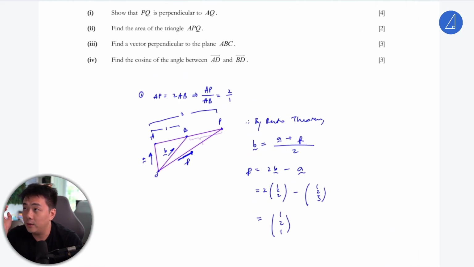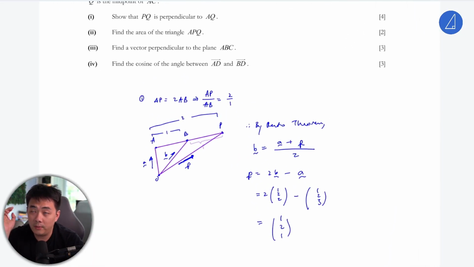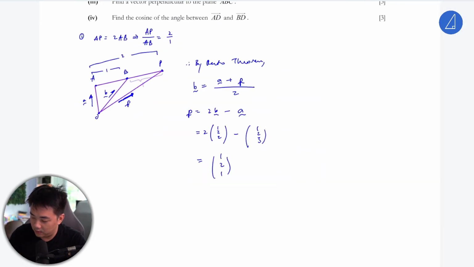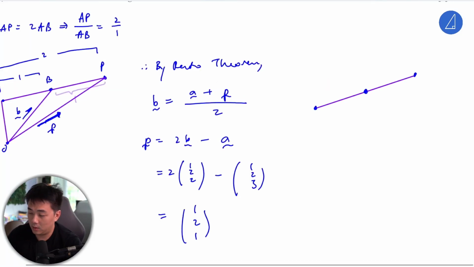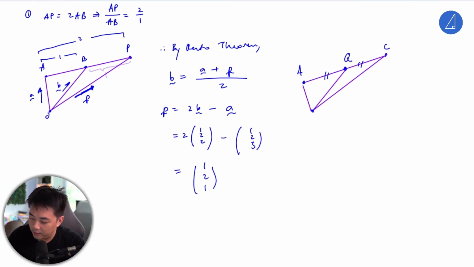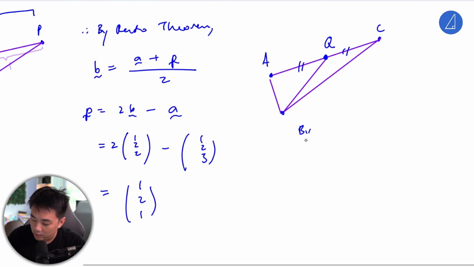Now I'm going to find OQ. Q is the midpoint of AC, so similarly it's just another midpoint. I'll draw it out: AC, and this is Q, with ratio 1:1, so it shouldn't be an issue. By the ratio theorem, OQ, which is Q, is given by A plus C, divided by 2.